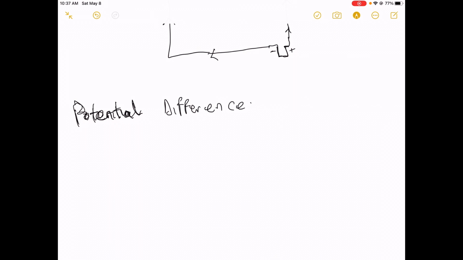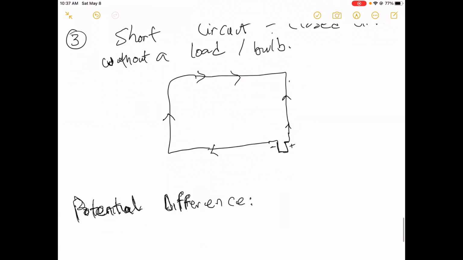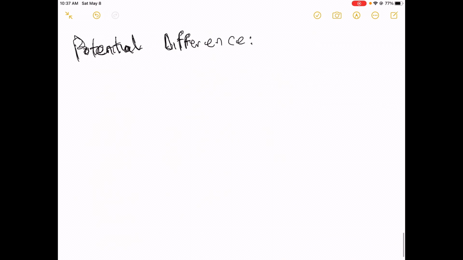So potential difference. Now I would like to explain what potential difference means in a very easy way. Let me draw a circuit. Let's say this is our battery. When you connect a wire to your battery, what happens? It gives out current, right?